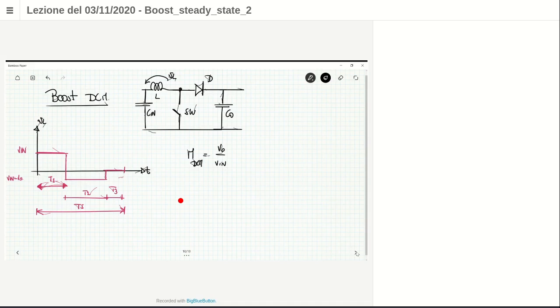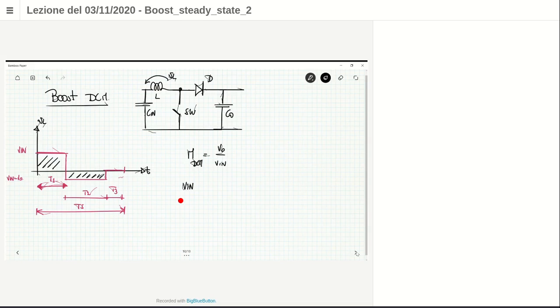What I can use is the volt-second law in steady state, which states that the DC voltage across the inductor in steady state is zero. So the two areas here are always the same in each TS period.